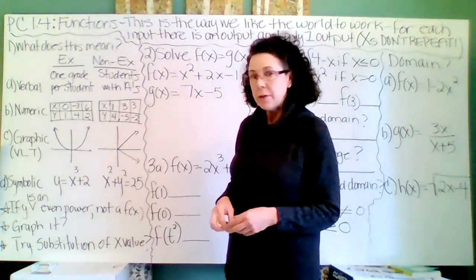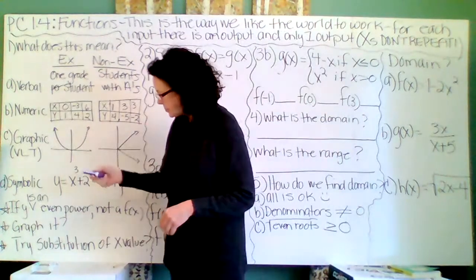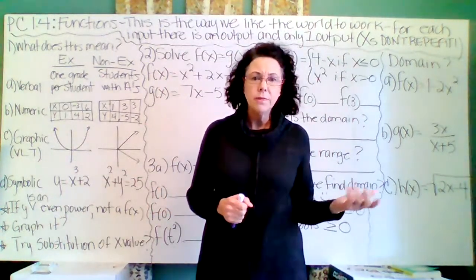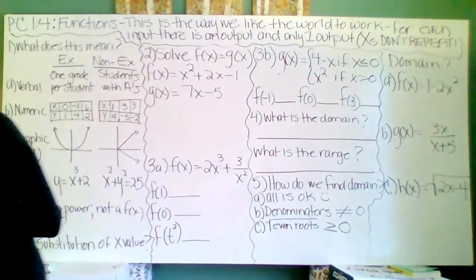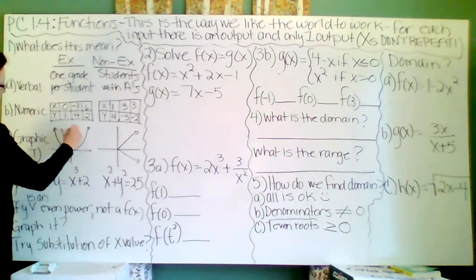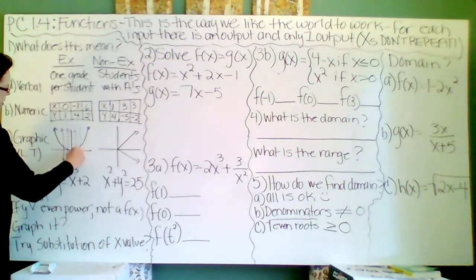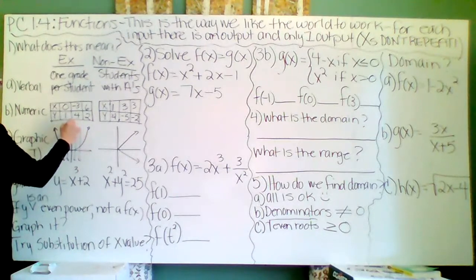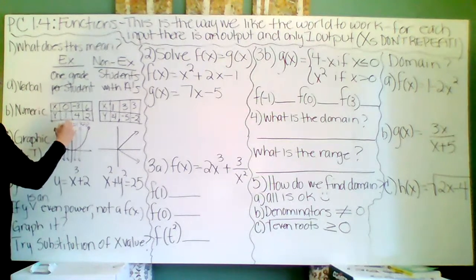What does that mean graphically? Here's a function. Graphically, if you remember VLT, the vertical line test, this is not something different than what we've already done. A vertical line is X equals something. Here's the line X equals 1, X equals 2, X equals -1, X equals -2.